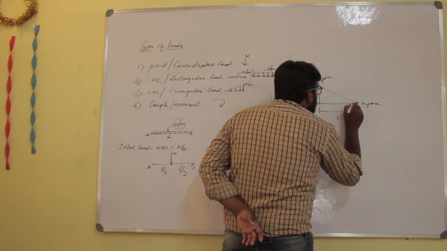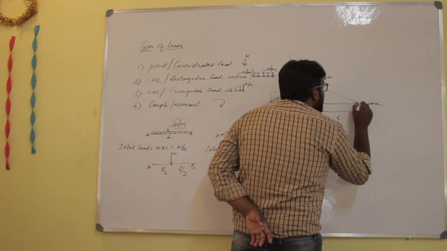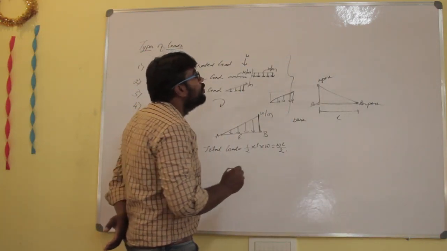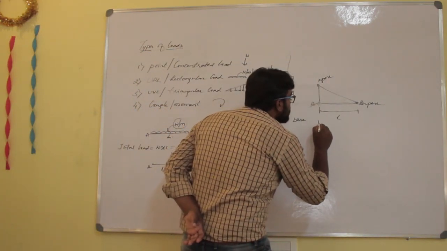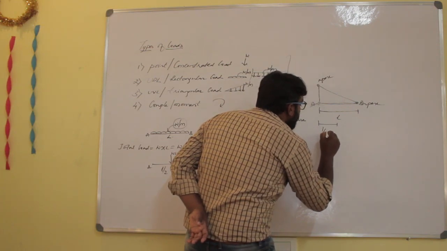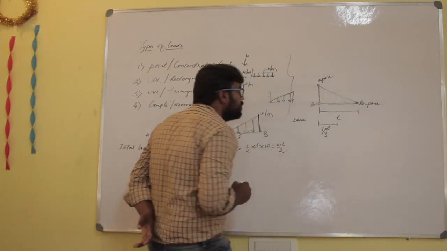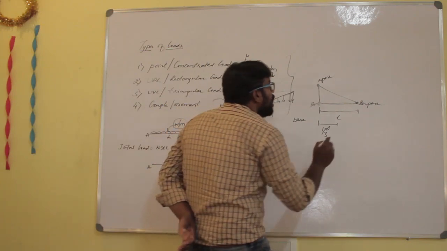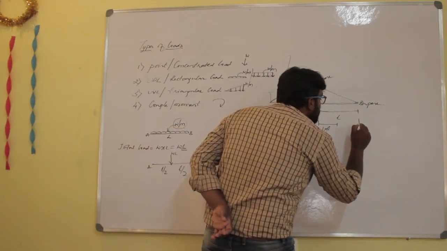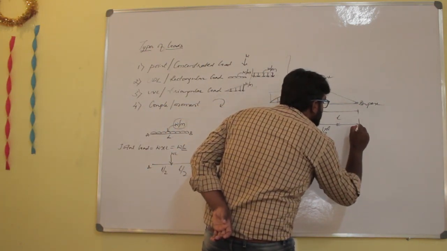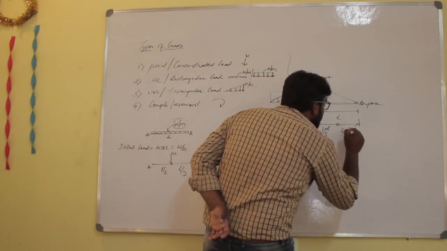We are only talking about this line AB. It will be concentrated at a distance of 1/3 of L from the base, or if you are measuring from the apex, at a distance of 2/3 of L.